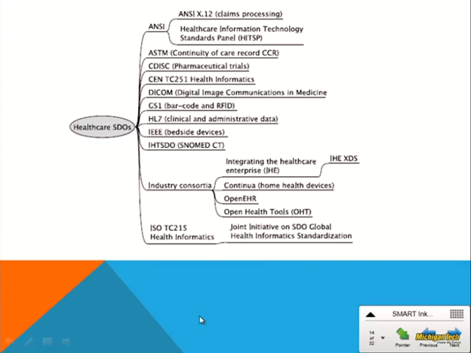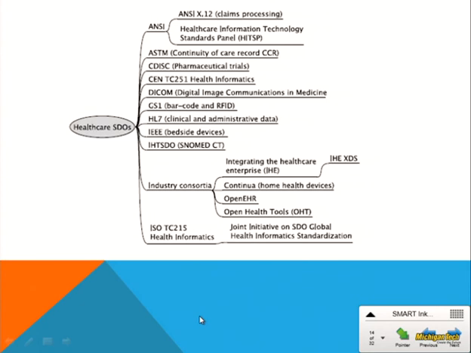For healthcare, they make ANSI X12. This is claims processing. Also, the Health Information Technology Standards Panel set up this one. ASTM is the Continuity of Care Record, CCR. This kind of thing you will learn in the future. CDISC is majorly for pharmaceutical trials.